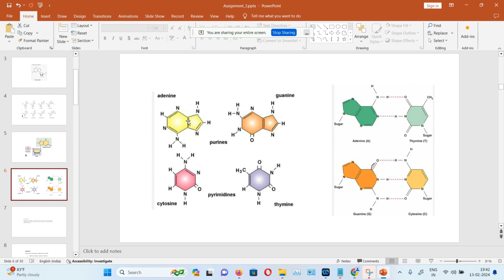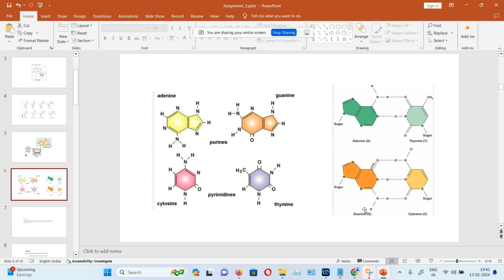The two-ring nitrogen bases are called purines, and the two purines are adenine and guanine. The single-ring nitrogen bases are called pyrimidines, and they are cytosine and thymine. You can see that adenine makes two hydrogen bonds with thymine, and vice versa.